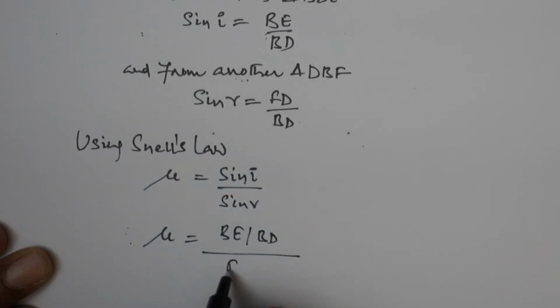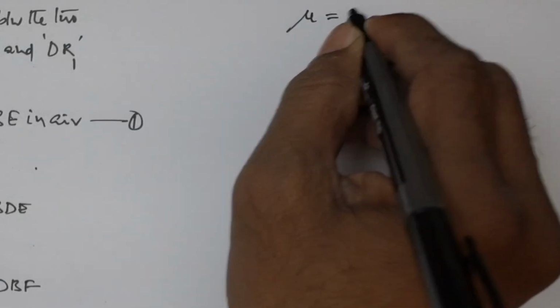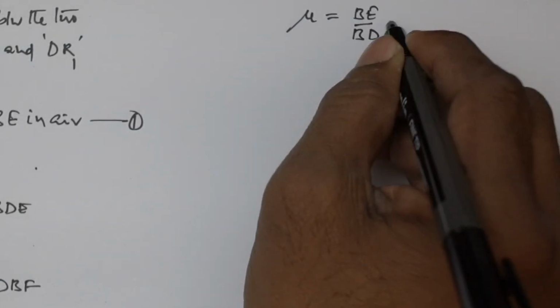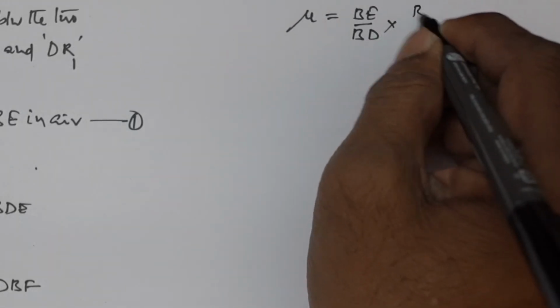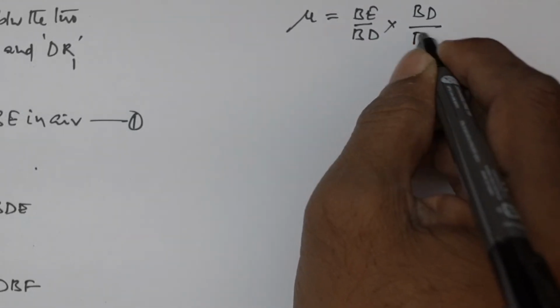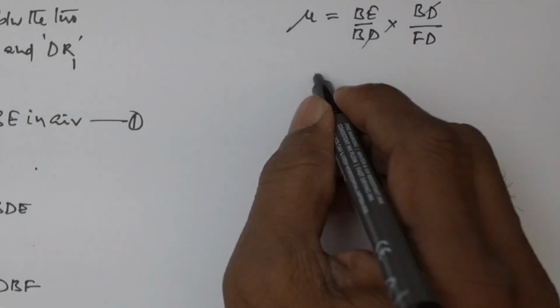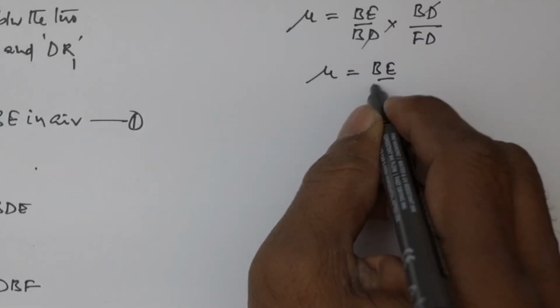FD by BD. If I write the fraction, mu is equal to BE by BD into, the fraction gets inverted, BD by FD. Now this BD cancels. I will get mu is equal to BE by FD.